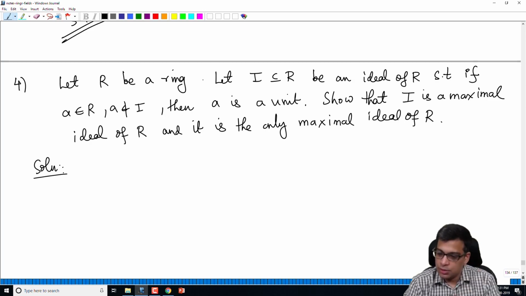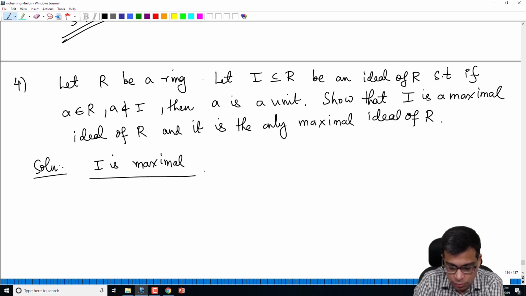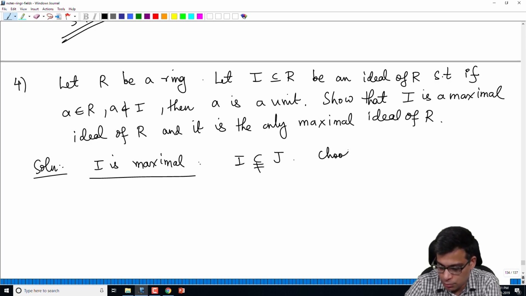Very easy. First of all, I is maximal. Why? Suppose I is contained in J and it is not equal to J. So choose A in J, A not in I. Right?